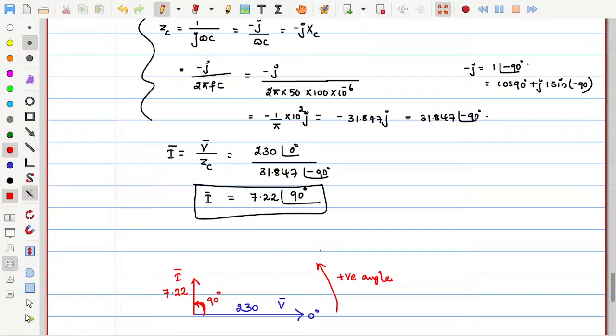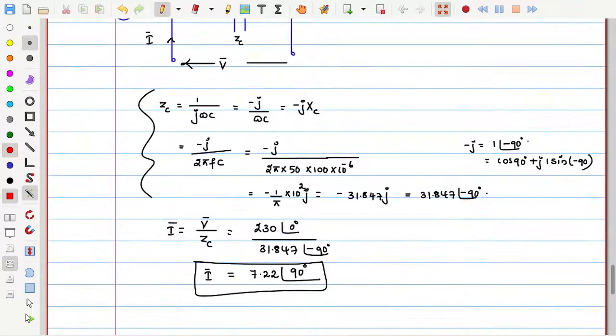Apart from that, the capacitive impedance is 1 by j omega C, which can also be written as minus j by omega C, or minus j XC, where XC is the capacitive reactance, equal to 1 by omega C.